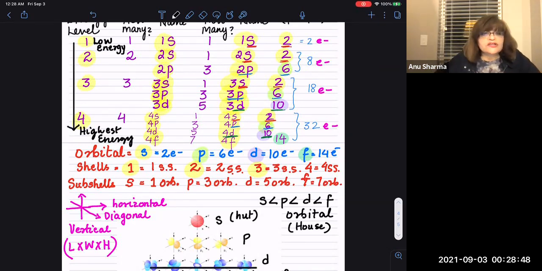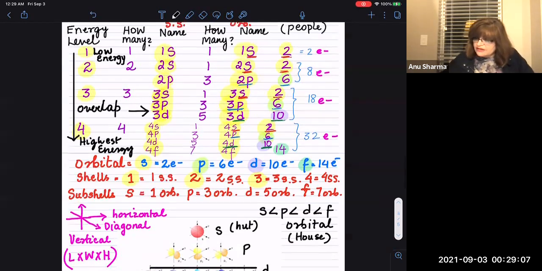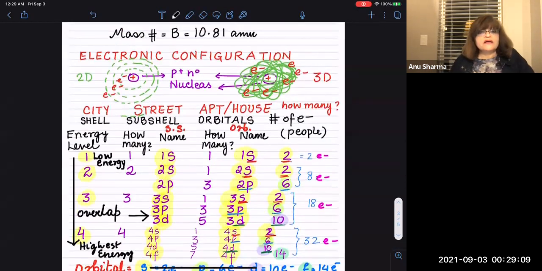When we say energy is increasing, that means the electrons have more freedom to move. Whenever there is more freedom to move, this is where the problems begin, where they begin to overlap. This is where the overlapping starts in 3D. And that's where you see this mess come into play. Okay, but we still have to continue.